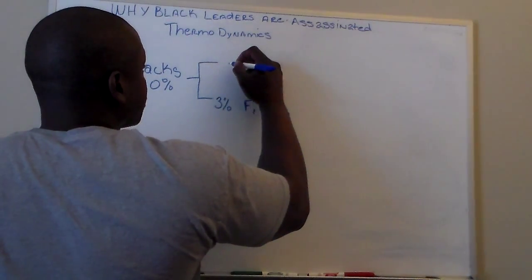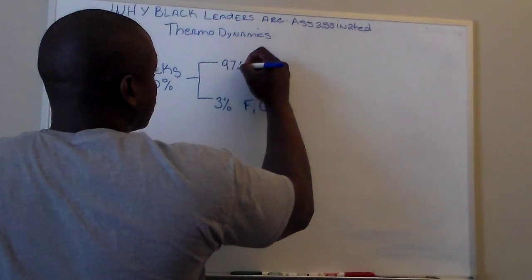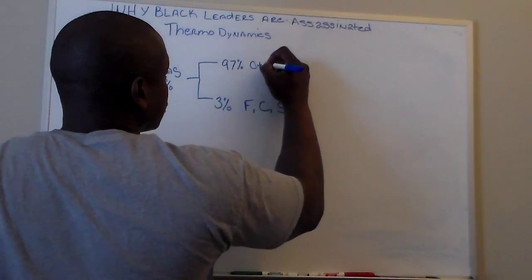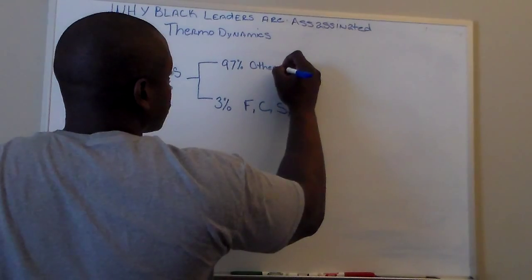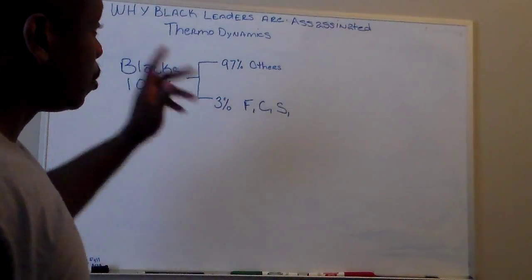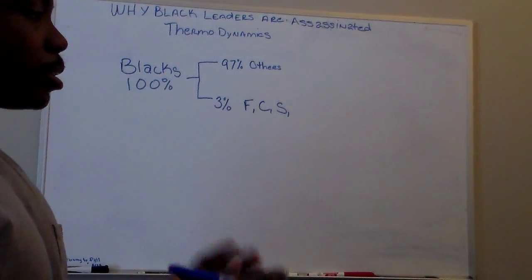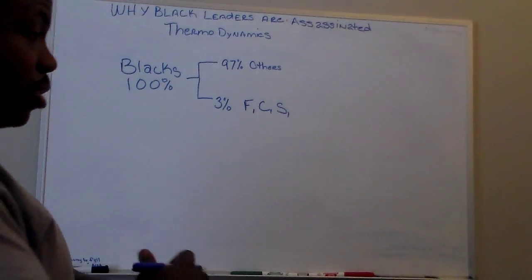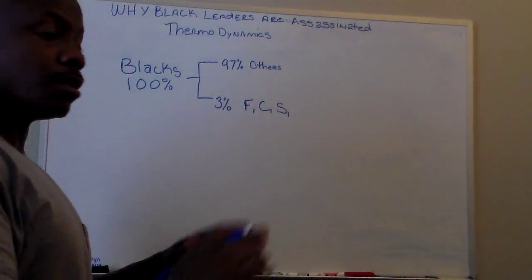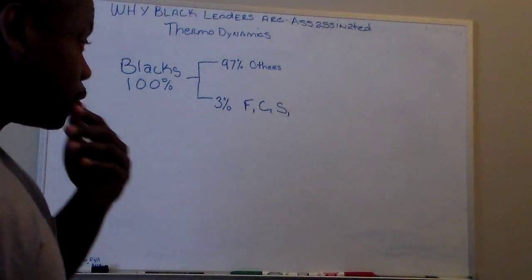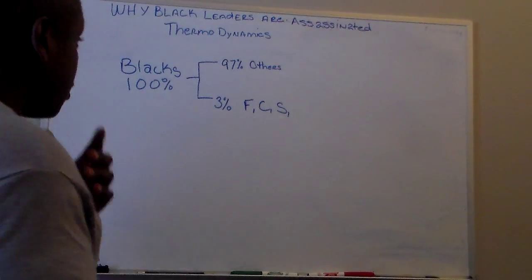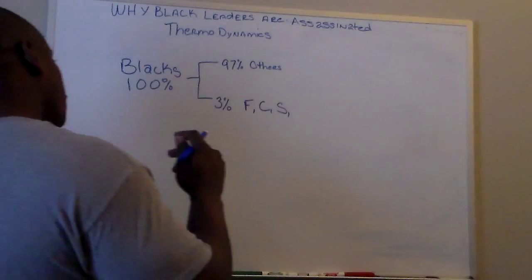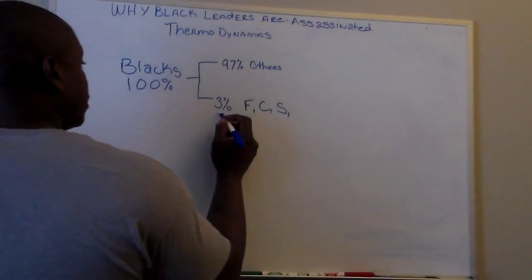The other 97% goes to others. So when you go to work, your productivity is far higher than the pay that you get. The pay that you get then gets spent on other entities, other places that don't circulate into your neighborhoods or communities.